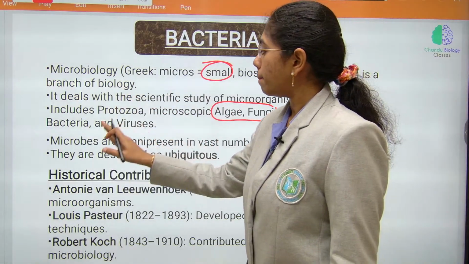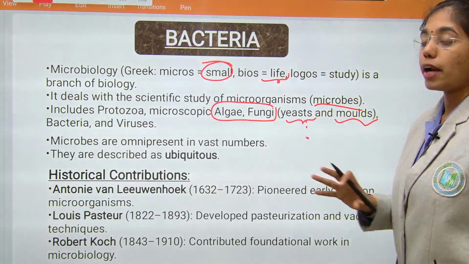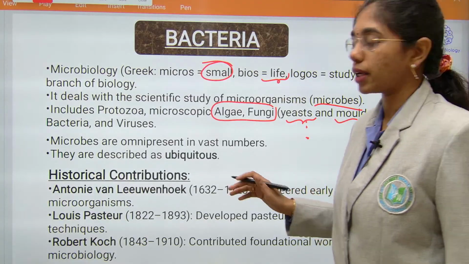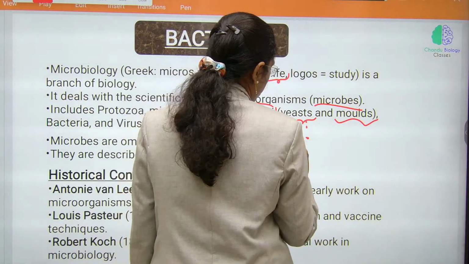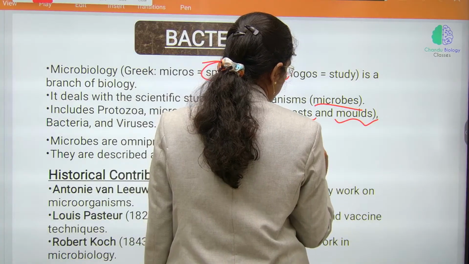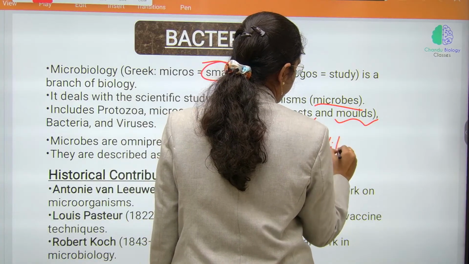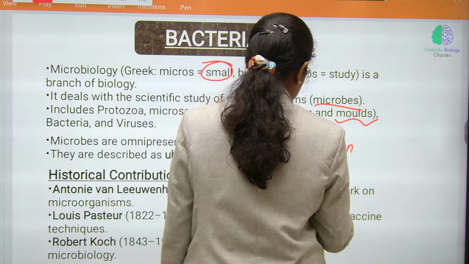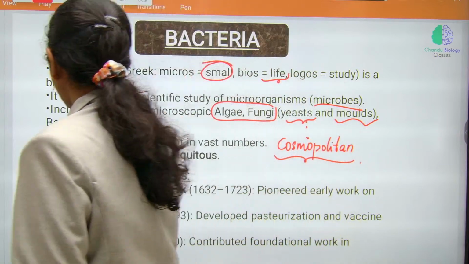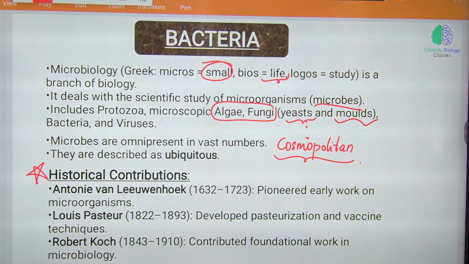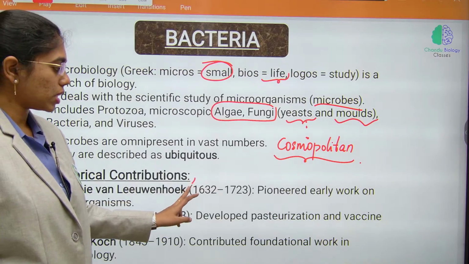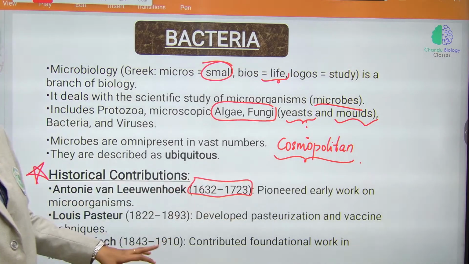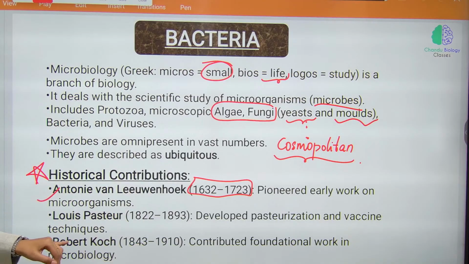Microbes are omnipresent. They are ubiquitous or cosmopolitan in distribution. Historical contribution: Anton van Leeuwenhoek, from 1632 to 1723, did early work on microorganisms.